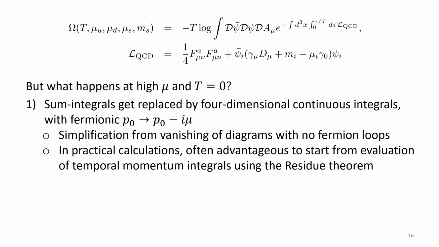Moreover, what one typically does is start the calculation by performing the temporal momentum integrals using the residue theorem, and then one ends up with three-dimensional so-called phase space integrals that contain all the nasty possible ultraviolet and infrared divergences that one may end up having.